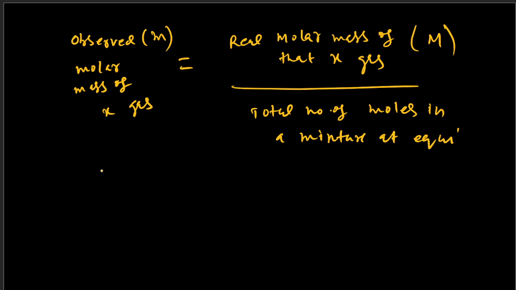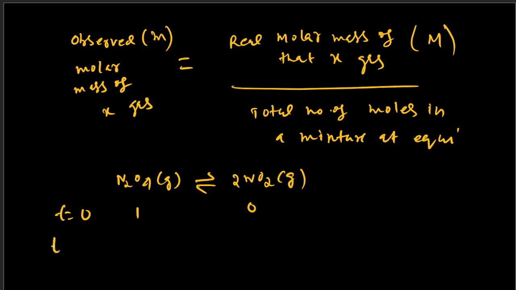So let's say N2O4 gas gives 2NO2 gas. So at T equal to 0, this is 1, and no product has formed, and at equilibrium, 1 minus alpha has been consumed, so 2 alpha has formed because 2NO2 is present.